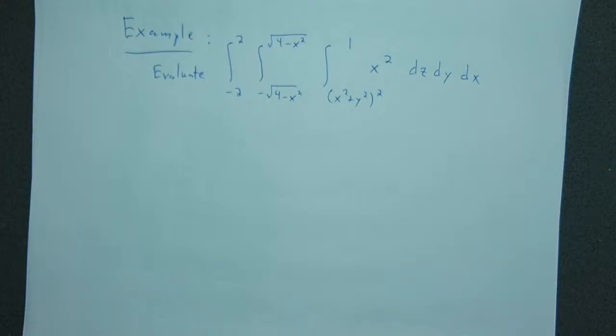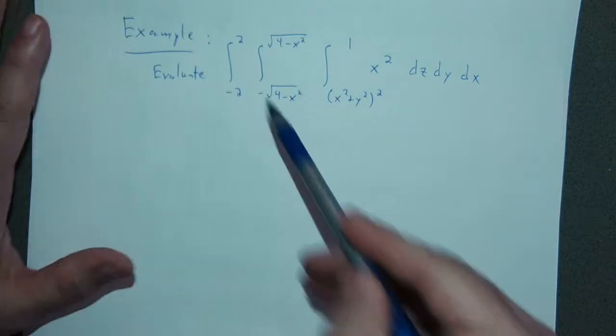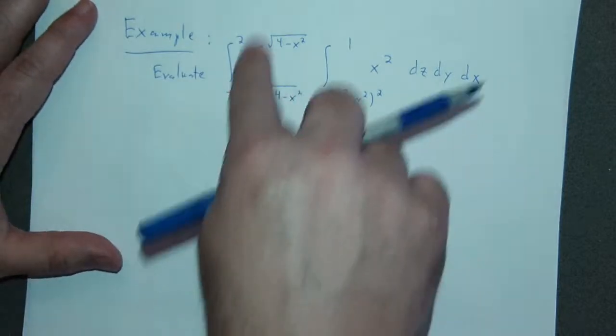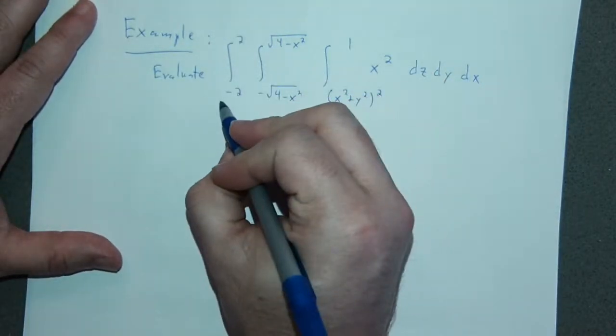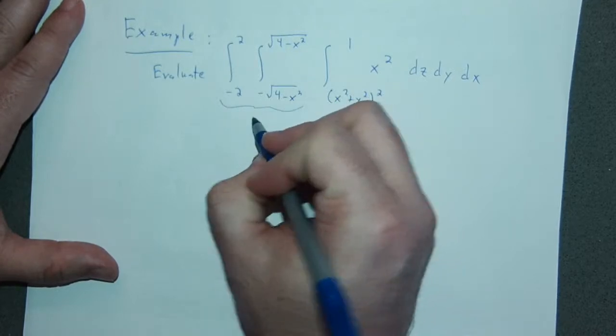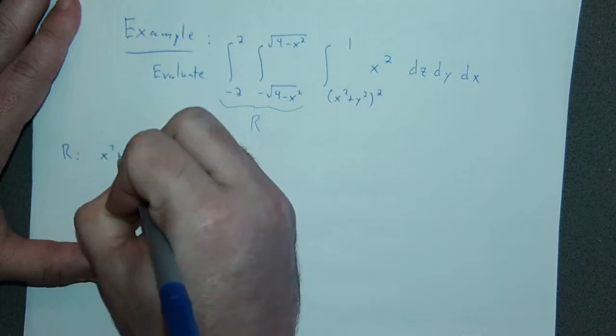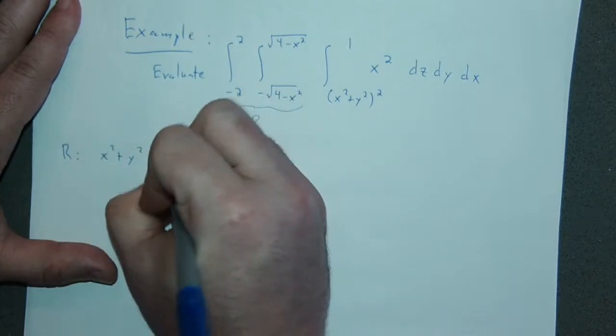The key thing that should tell you to use some other type of coordinates: the first two integrals. What is that region R you're integrating over? Well, it is a closed disk of radius 2. This R is our favorite closed disk of radius 2.